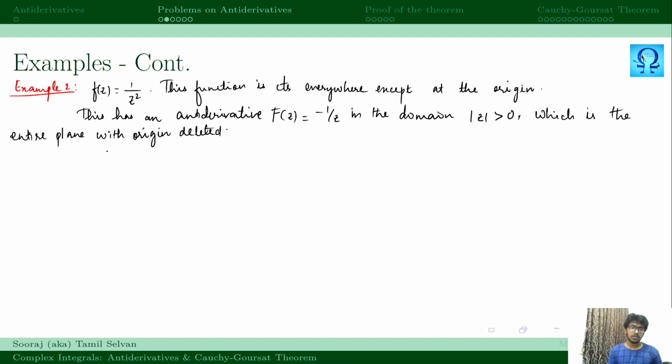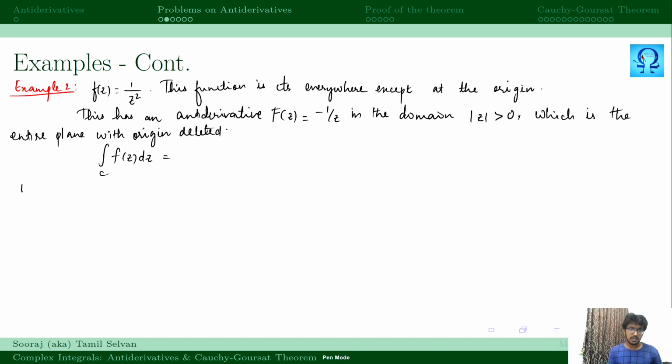Next, consequently, the integral over C of f of z dz is going to be 0. How did we achieve it? Let us see.